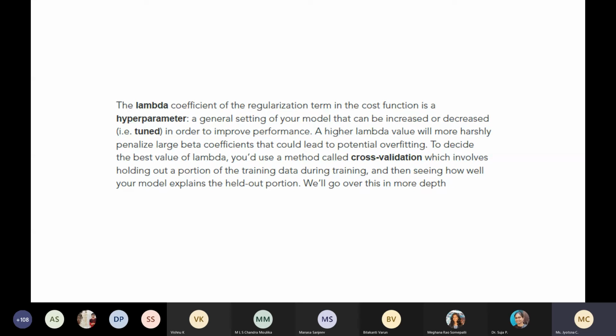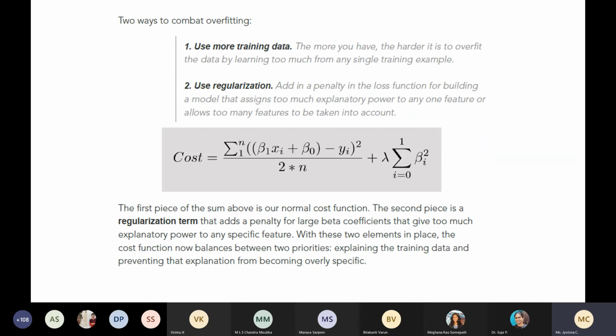What does that mean? Many things in deep learning you will change and check whether you are converging faster or not. Lambda is one such hyperparameter whose value you tune, meaning you change it and check.